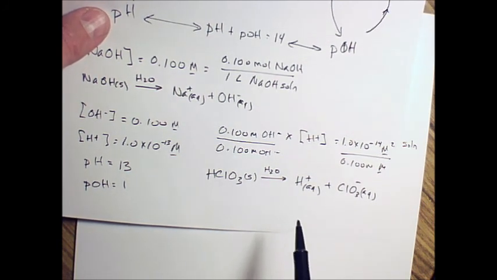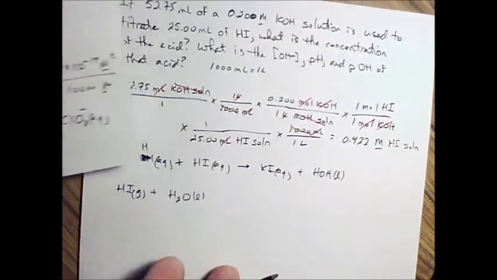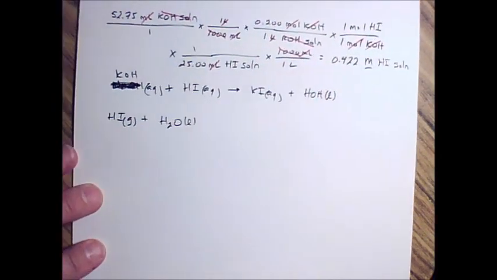That's the definition of an Arrhenius acid. Now, the Bronsted-Lowry acid says the hydrogens go to something else.